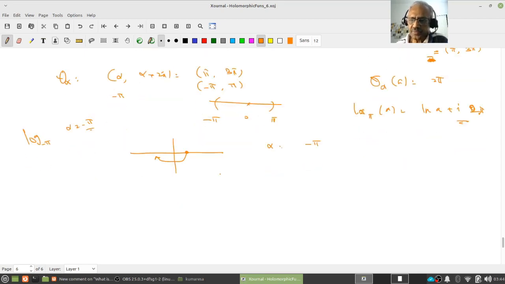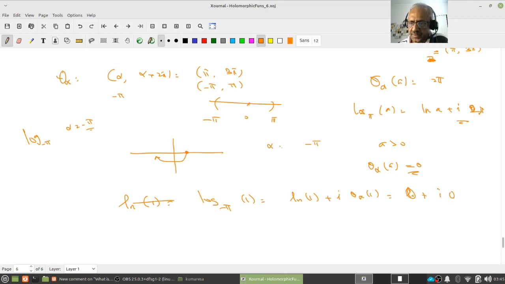Therefore theta alpha of a, for a positive, will be 0. Therefore log minus pi of 1 will be ln of 1 plus i times theta alpha of 1, which is 0 plus i times 0, which is 0, right?